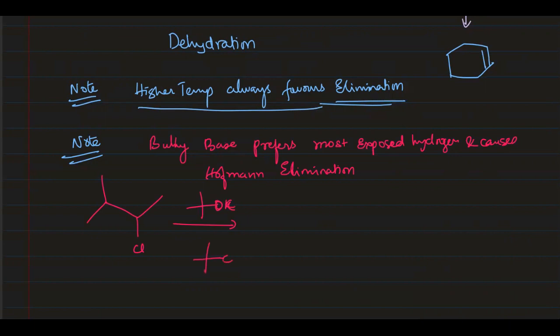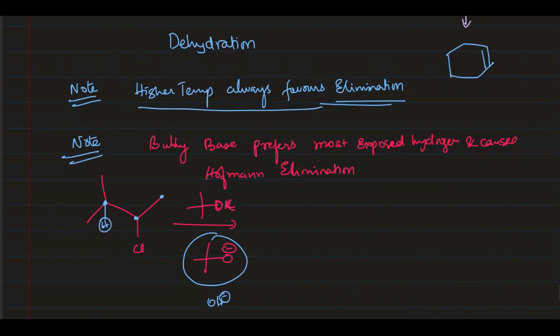This will give this anion, and this anion is a very bulky base. So what will it do? For this particular molecule there is one beta carbon here, and there is also one beta carbon here. Now in the earlier case, when we would use alcoholic KOH, the base was OH minus and it was very mobile, so it could approach this carbon and remove this hydrogen.